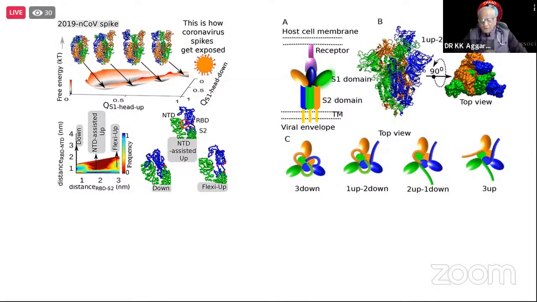So there can be 4 situations depending upon the mutations in NTD: all 3 open, or all 3 closed, or in between, 1 up and 2 down, 2 up and 1 down. So there are four situations, four different types of mutations that will increase binding of the antibody to the antigen.